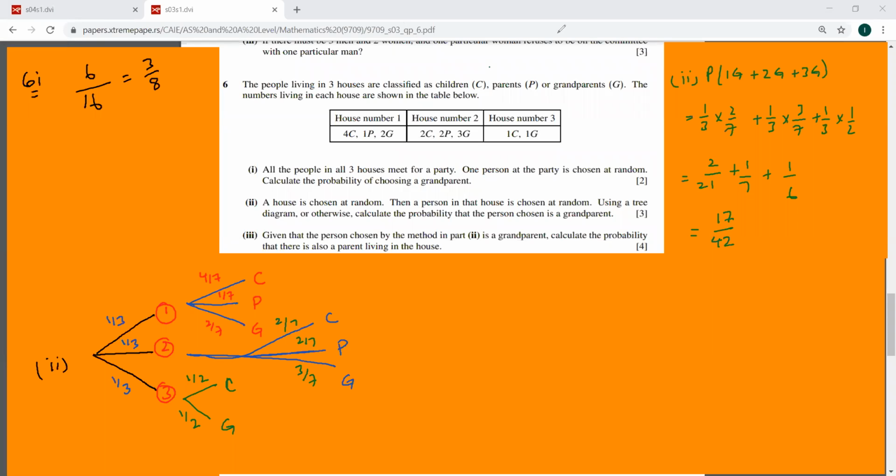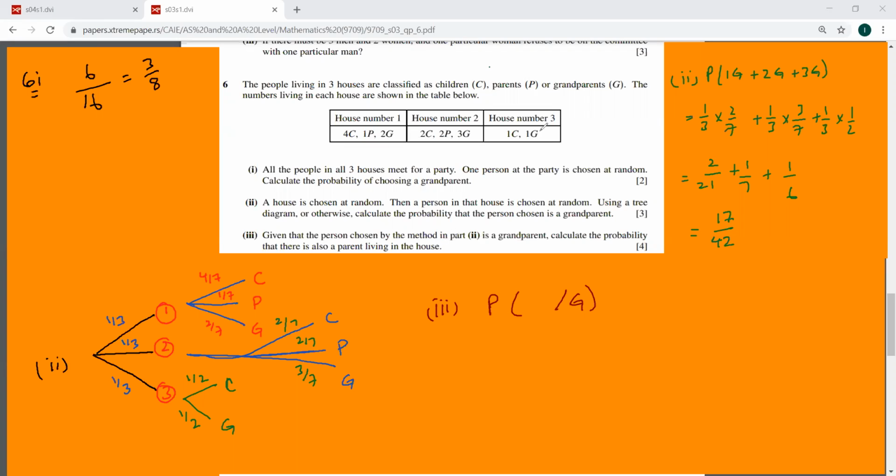Now, the third part. It says, given that the person chosen in this part 2 was a grandparent, so I'll write grandparent here, calculate the probability that there is also a parent living in the house.